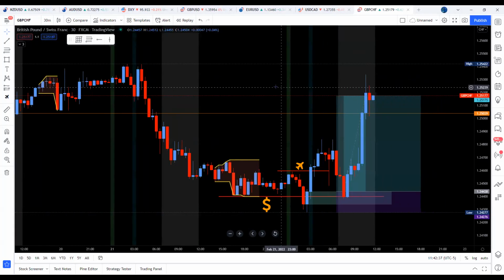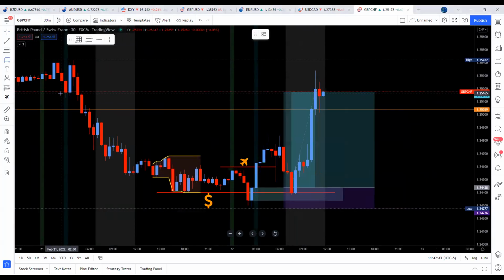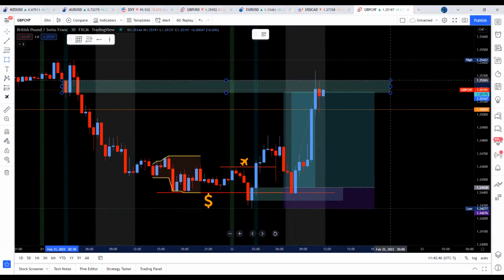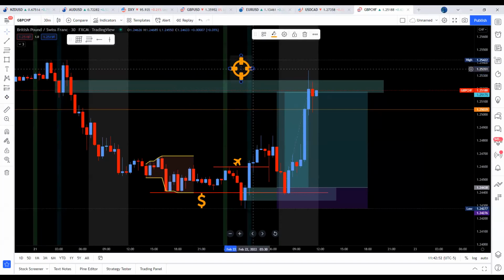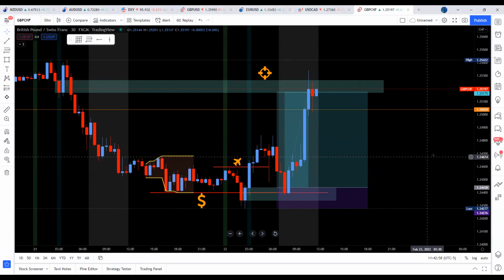So this is actually a profile that I would like for you guys to memorize. The reason why is because this is one of those day profiles that appears a lot during your trading. So I need you guys to memorize this as soon as possible.